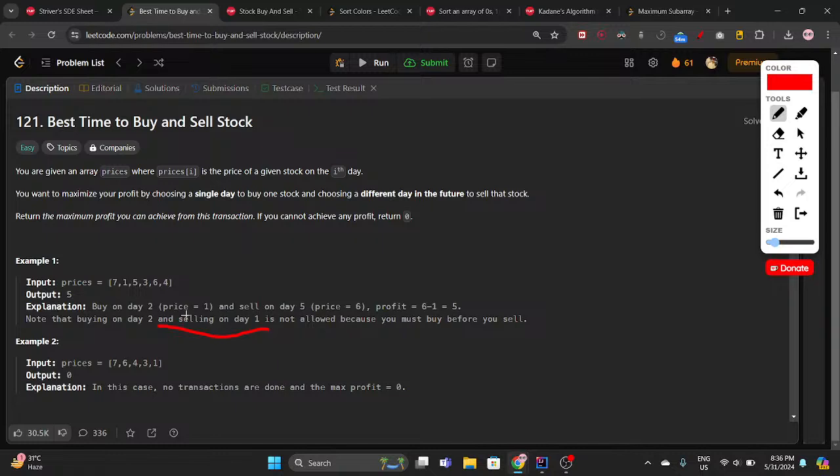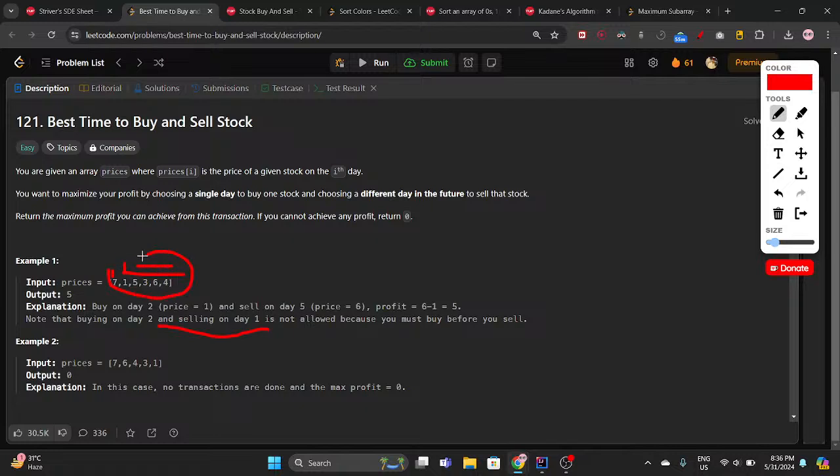Okay, so from here, brute force will be for this, find the greatest value. Then for this, find the greatest value.